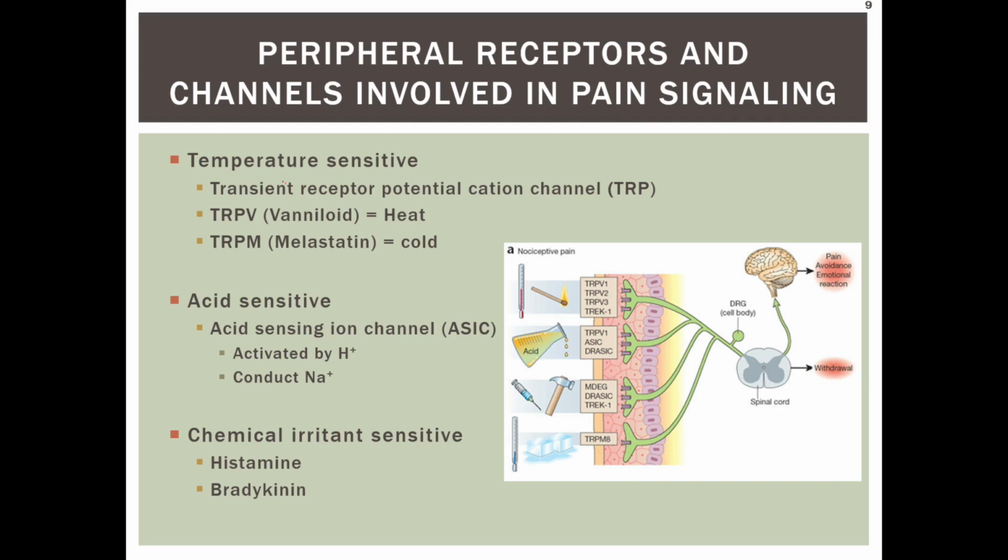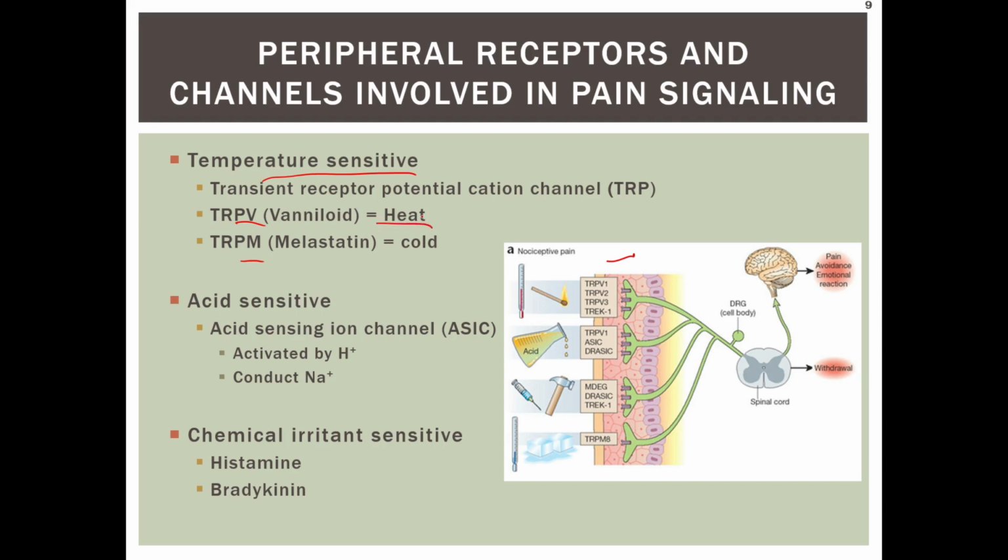There are what's known as temperature-sensitive receptors, the TRPV channels, or the TRPM channels. These are transient receptor potential cation channels, typically conducting sodium, potassium, or calcium.